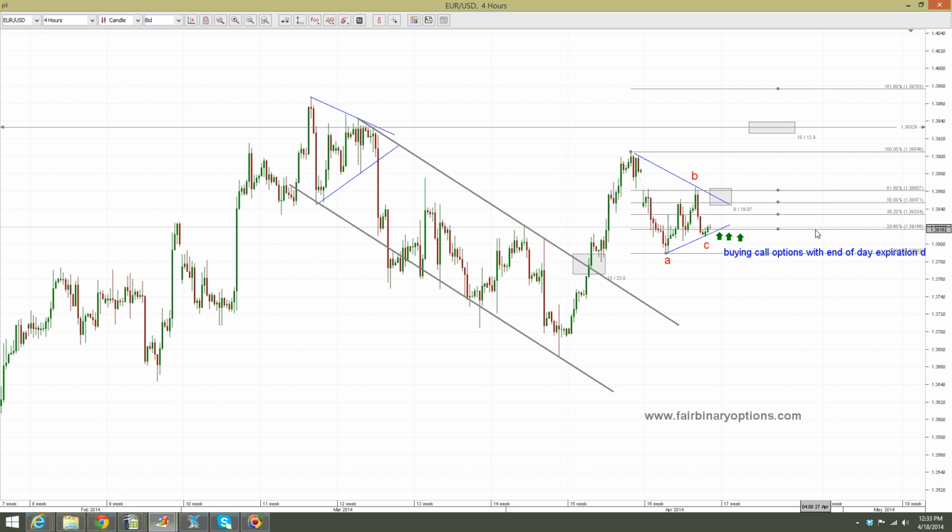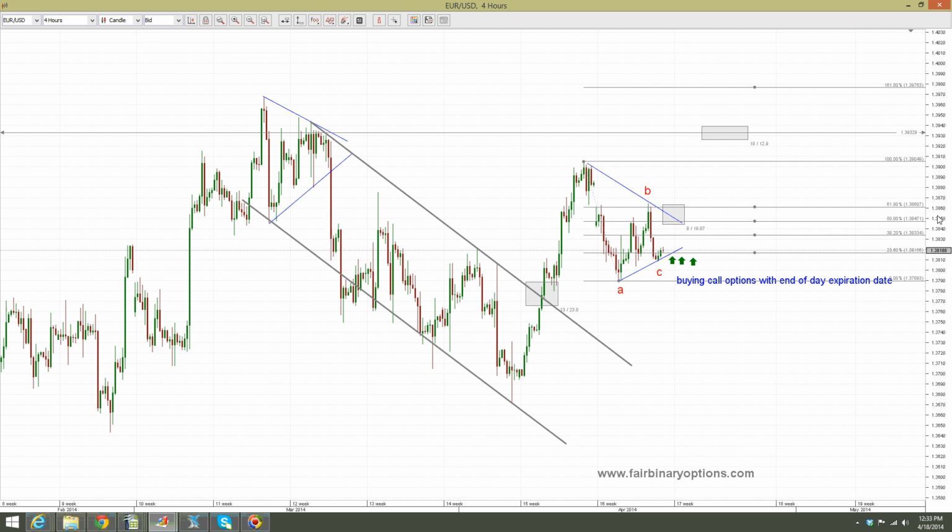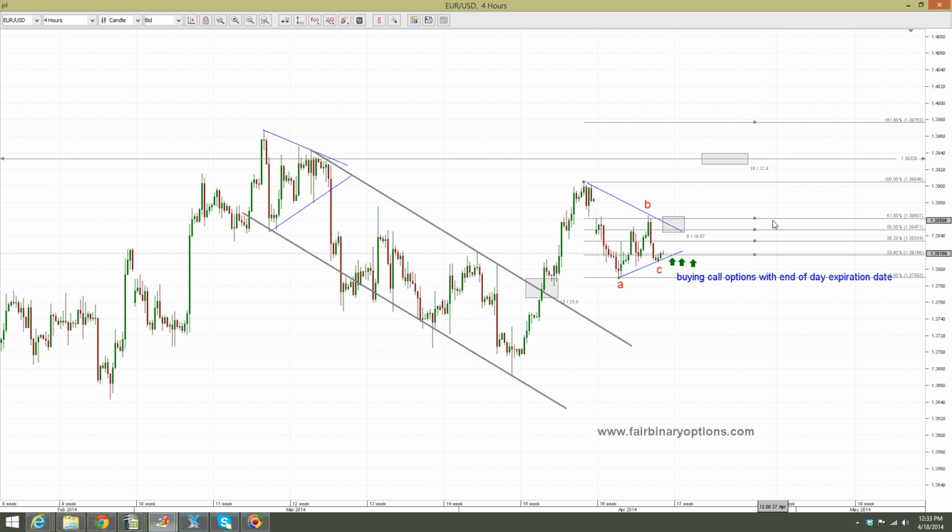However, if this option moves only 1 pip to the upside compared with the striking price at expiration, then the option would be considered to expire in the money, and we will make a nice profit on this binary option.